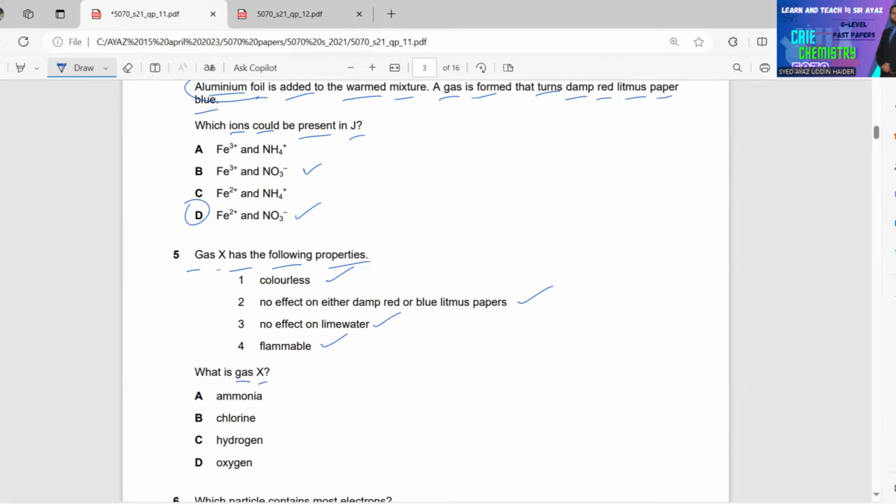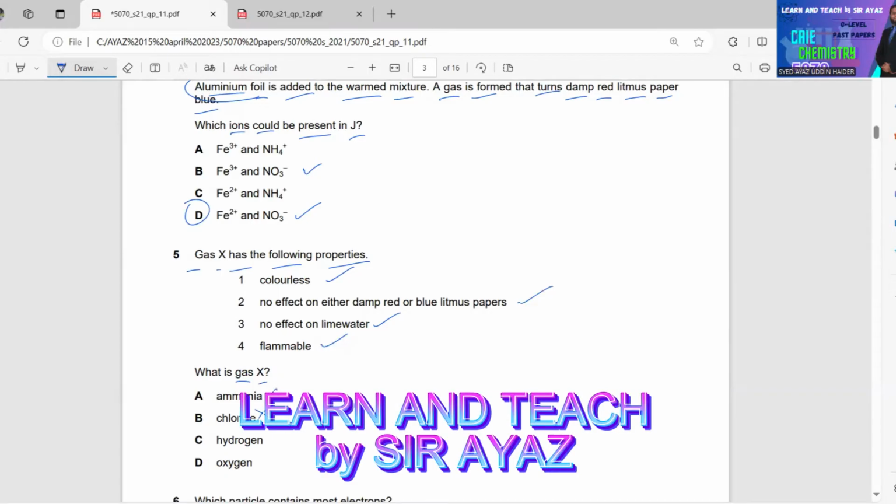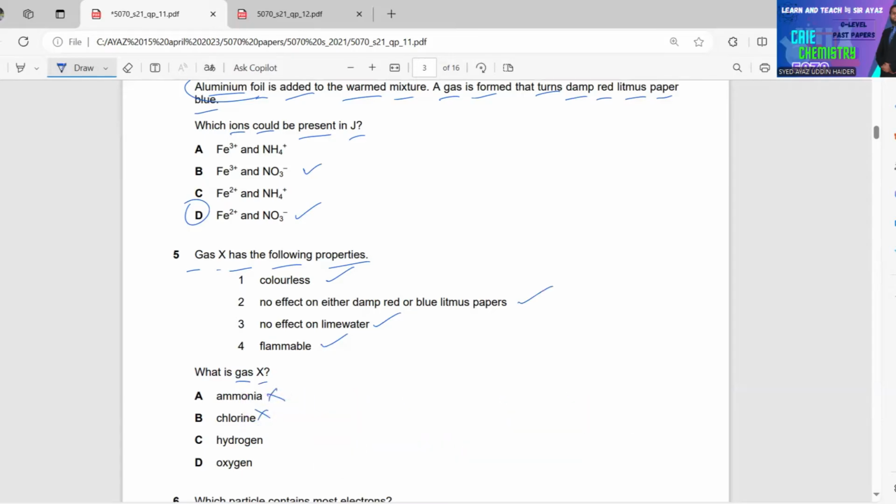So, we can straight away reject the choices A and B. Both of these have effect on damp litmus papers. So it can't be ammonia, neither ammonia nor chlorine gas.